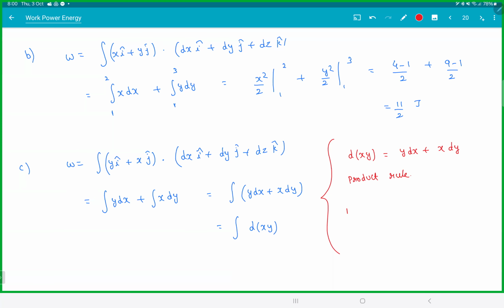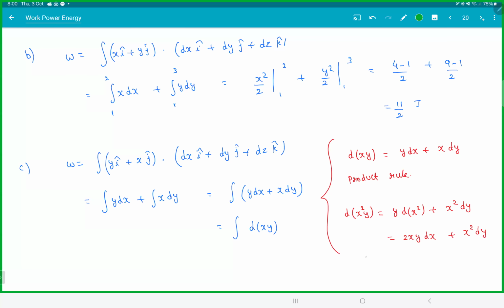Same way, if I take one more example, if you have d of x square y, this is y d of x square plus x square d of y. So that means this can be written as 2xy dx plus x square dy.